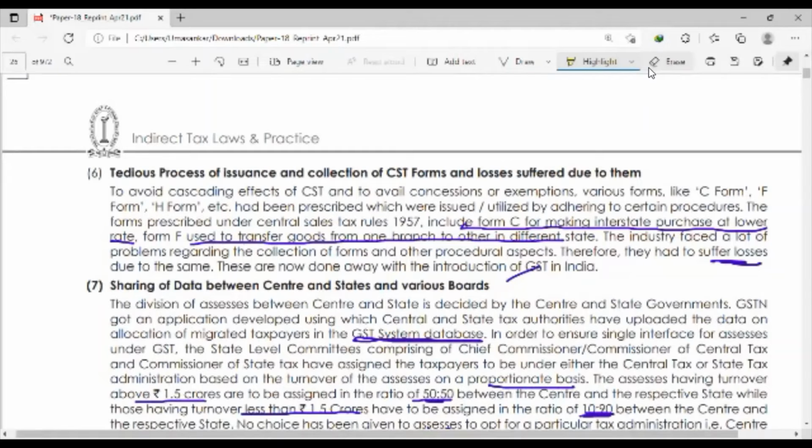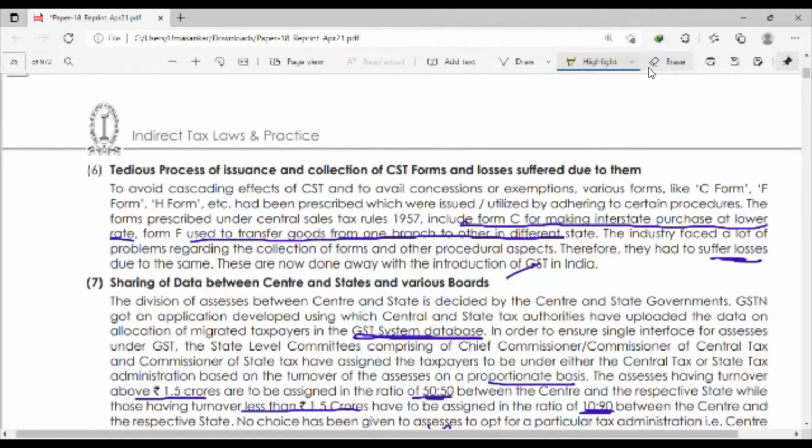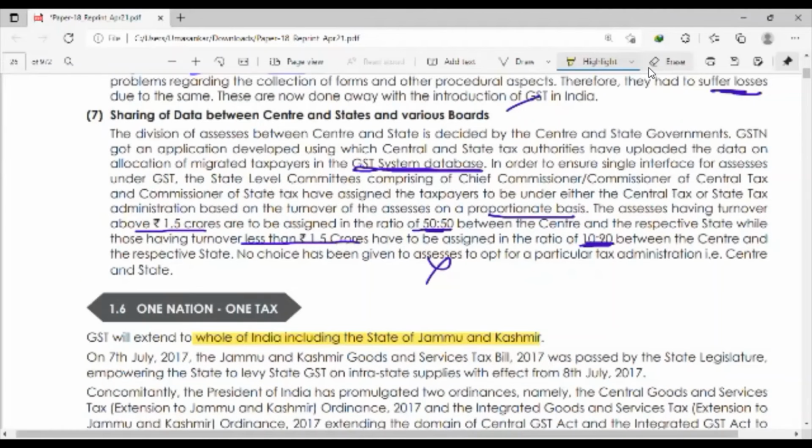Now in the GST scheme there is no CST or Form C required, or for branch transfer, Form F is required. Nothing is there like that. Only GST. Now, sharing of data between center and state and various boards. Earlier, the central maintained its records, accounts, data or information, and the state had its own data. There was no common sharing.